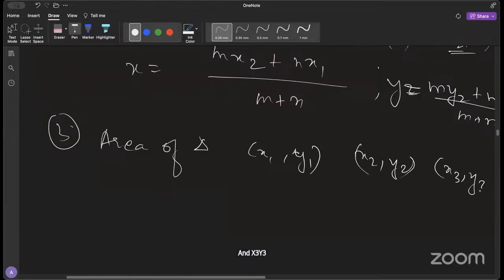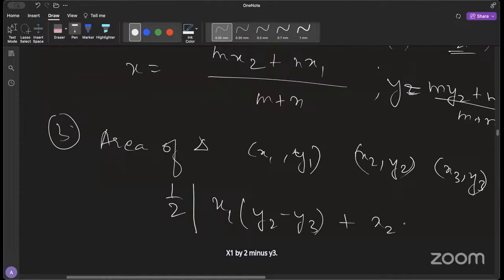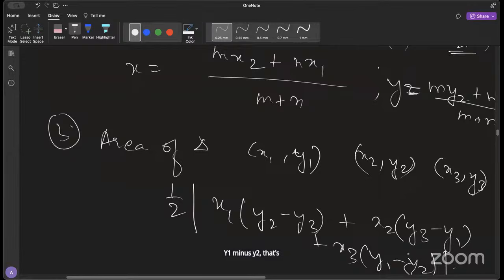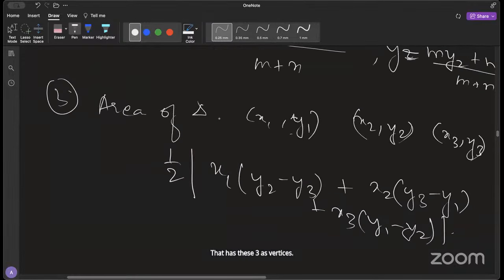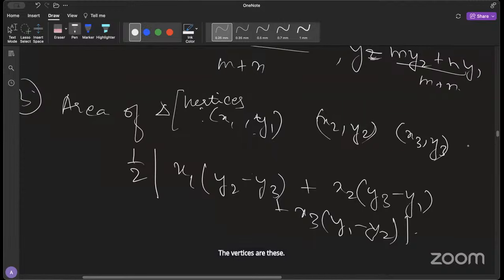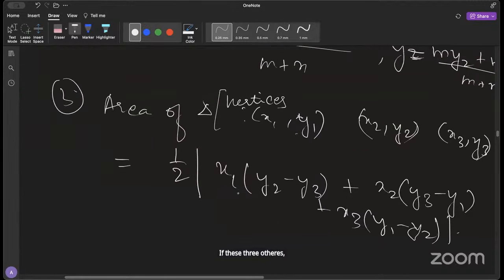Then the area is given by half of x1 (y2 minus y3), then x2 (y3 minus y1), and then x3 (y1 minus y2). That's the formula for the area of triangle that has these three as vertices. If these three are the vertices, then this is the area of your triangle.